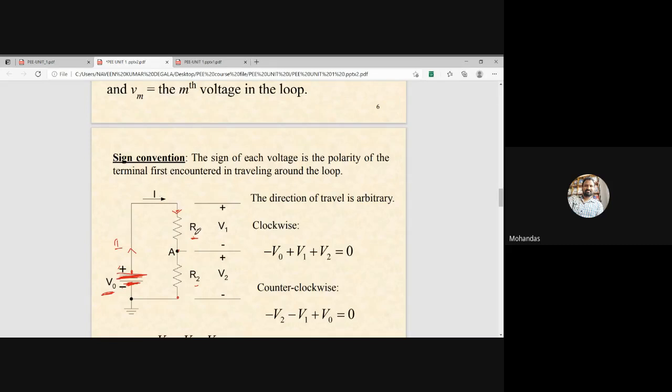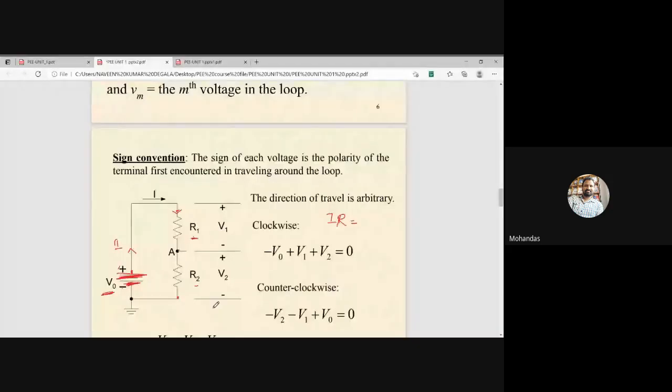According to Ohm's law, what is I into R? Mathematical expression: multiplication of current into resistance will give what? Please respond. Multiplication of voltage into current.